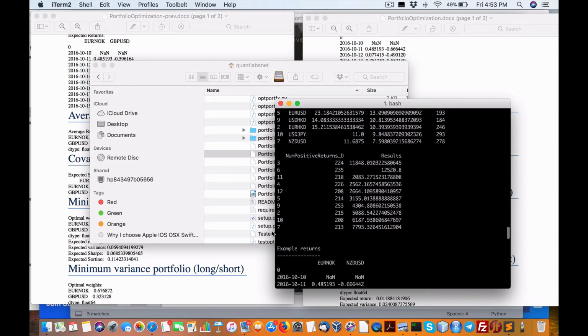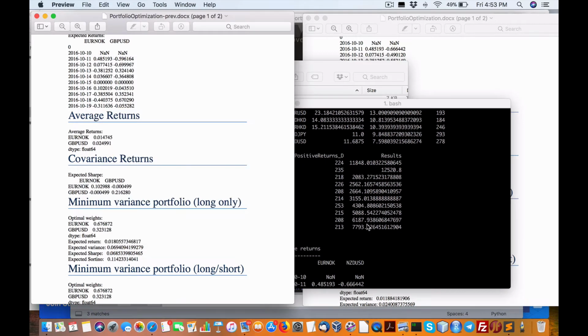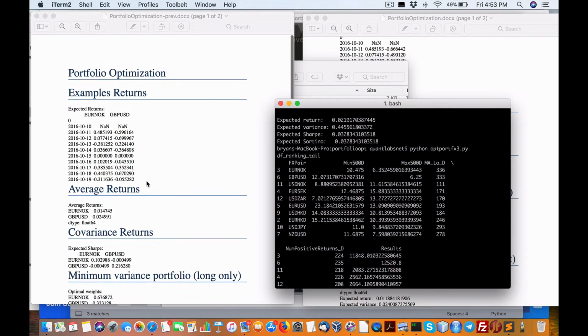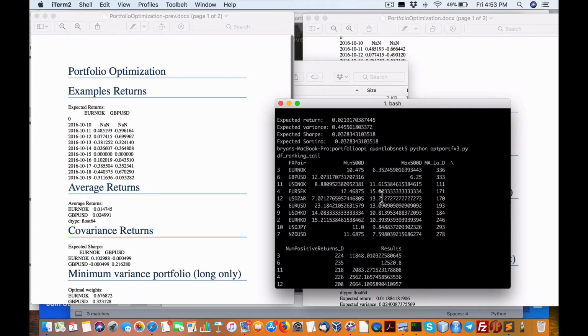So what I thought I'd do is show you two things. This is my portfolio optimization. It's taking the two best, which are Euro Norwegian kroner and British pound and US dollar.